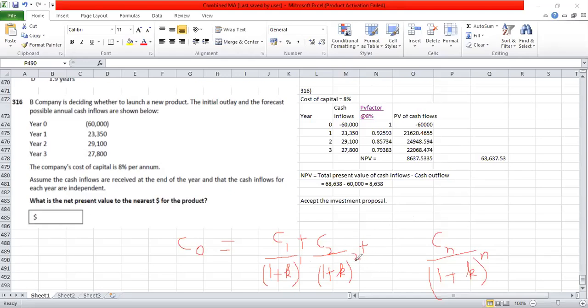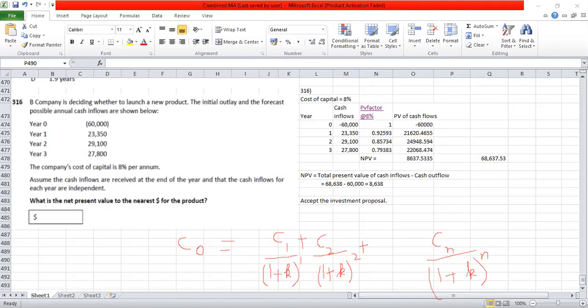Because it is not an easy task, what we do is we keep on trying with different rates until we get that the sum total of it is equal to the cash investment. So it is basically a trial and error method which is adopted to find out what is IRR, internal rate of return.